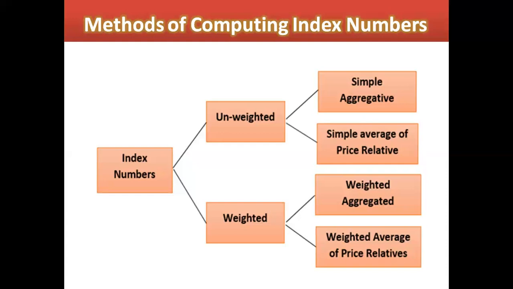And with the help of these index numbers, we can also do the international comparison. So these are the various reasons why we calculate index number. But along with these advantages and this usefulness, limitations also come. The first is that the choice of a base year always remains a problem.